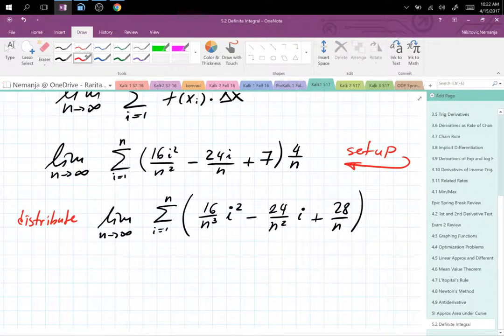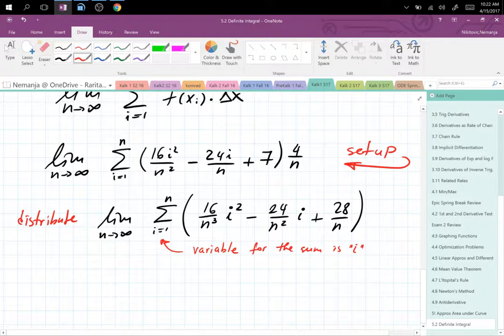Now I'm going to say variable is i. Variable, let's go variable for the sum. So now I'm going to split this into limit n goes to infinity, and I'm going to write 3 separate sums.